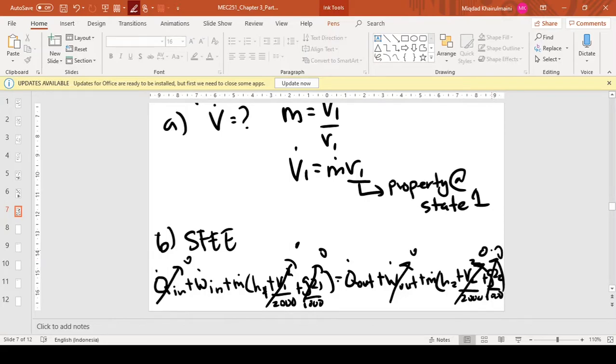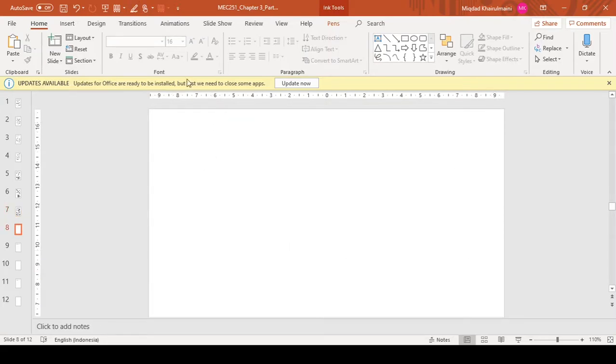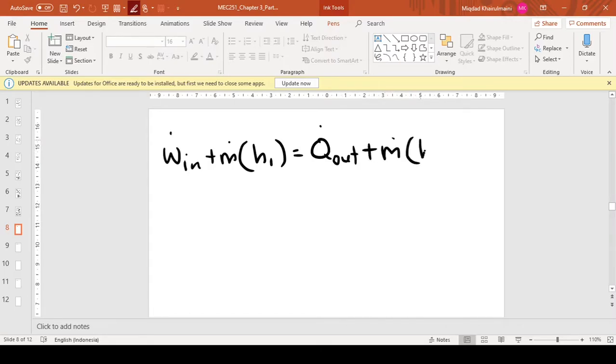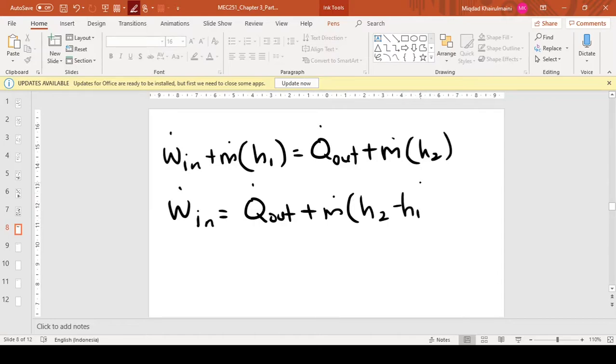On the left hand side we have the work input and the enthalpy. On the right hand side we have the heat loss and also the enthalpy. To find the work input, we rearrange the equation, so this is the equation for work input.